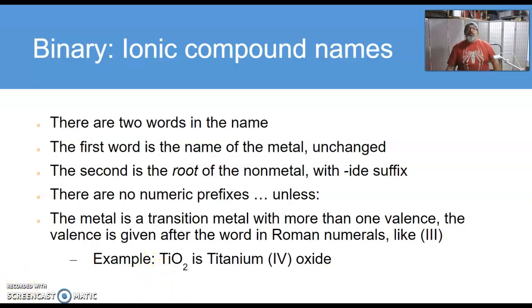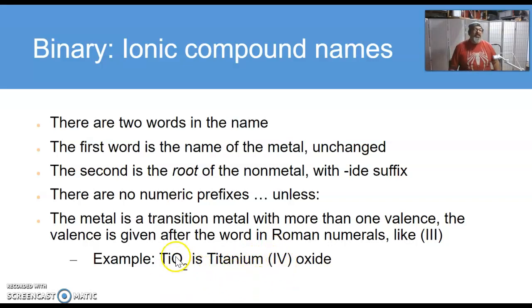Titanium with oxygen: when it combines, titanium can have different oxidation numbers or different charges or different valence, whatever suits your understanding. The reason we know this is titanium(IV) oxide is from the formula.